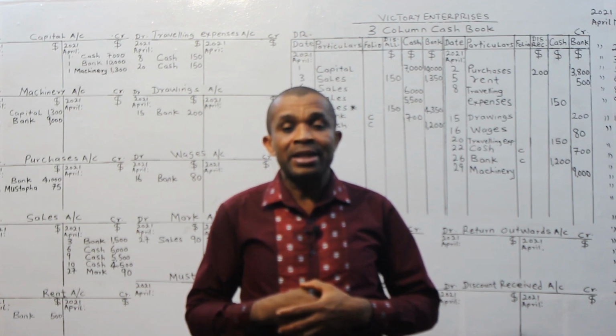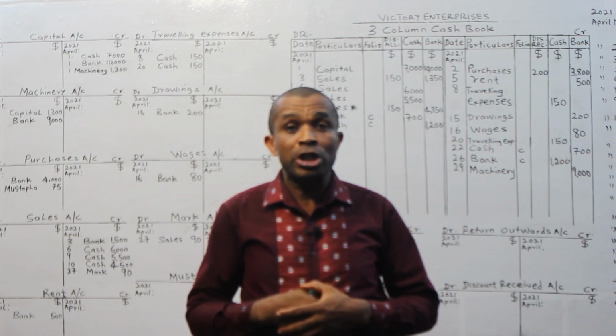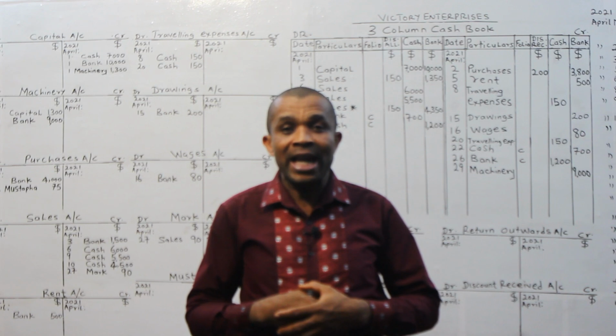However, in this instance, Mark, that goods were previously sold to, is paying cash. Therefore, the cashier will be involved at this point, as anything that concerns cash in an organization passes through the cash book or the cashier.